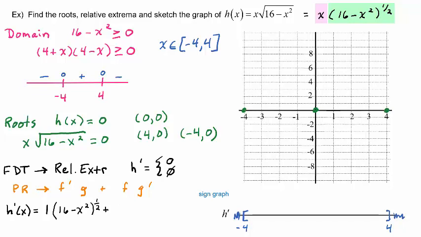Then we have to do f, which is x, times g prime, which will be 1/2 times 16 minus x squared to the negative 1/2. And then the chain rule says we have to take it times the derivative of what's inside, which would be negative 2x.